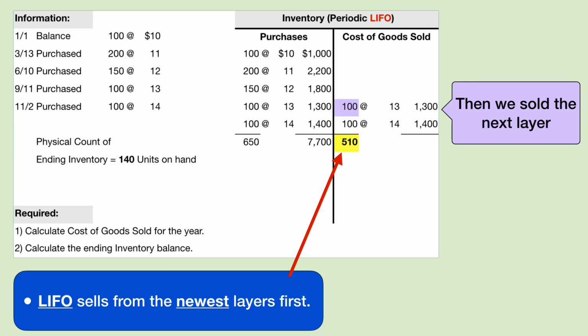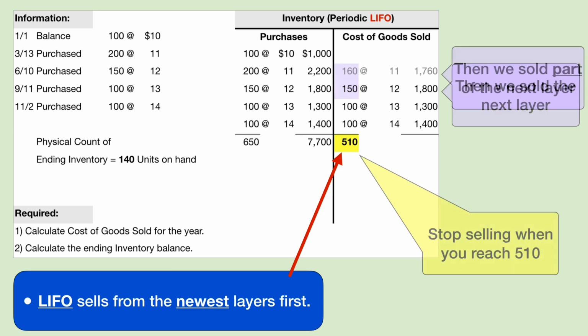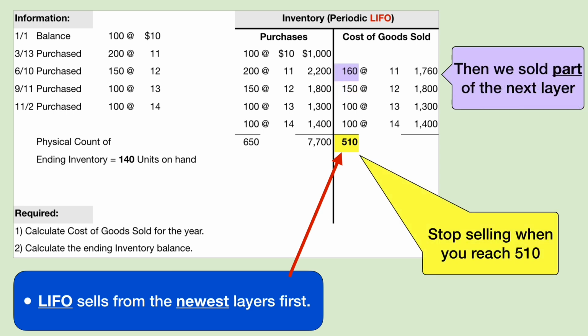Then we start selling from the next newest layer. And then we move to an older layer and sell those. And then we move to the next older layer and sell not all of those, just enough of those to bring our total sales to 510.